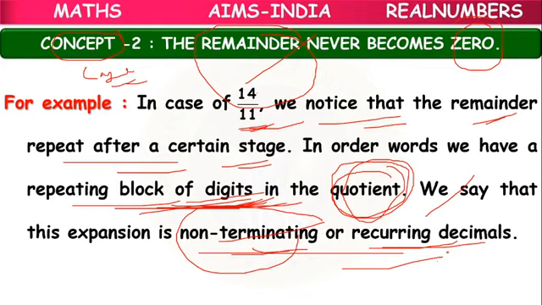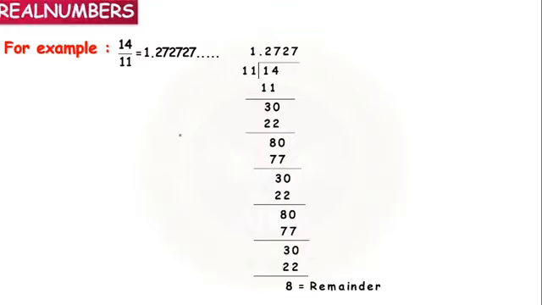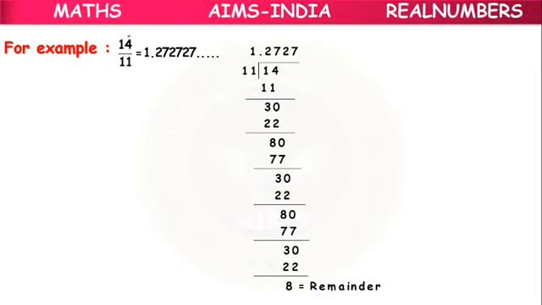Like that we can tell. So this is the division. If we divide 14 with 11, 11 1 times 11, 3 is remaining. 11 2 times 22, so 8 is remaining.